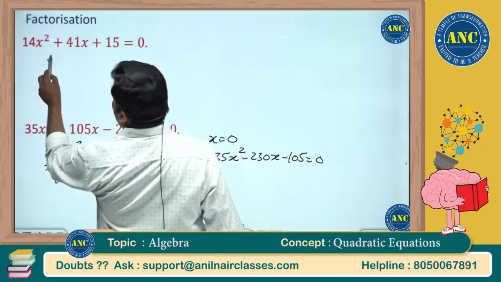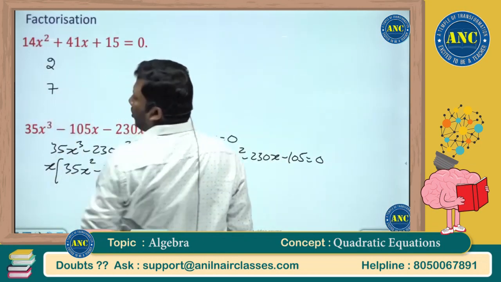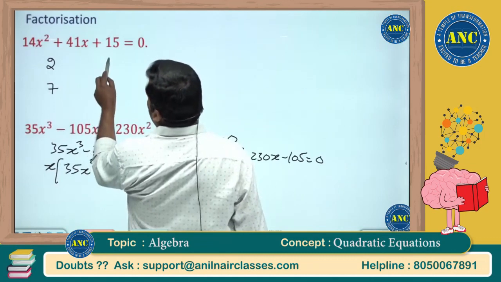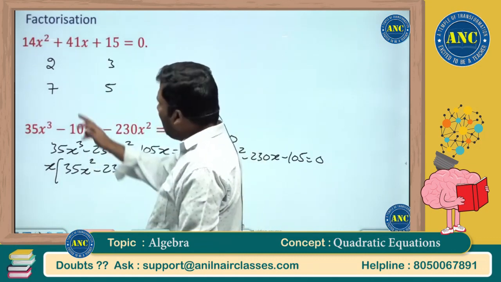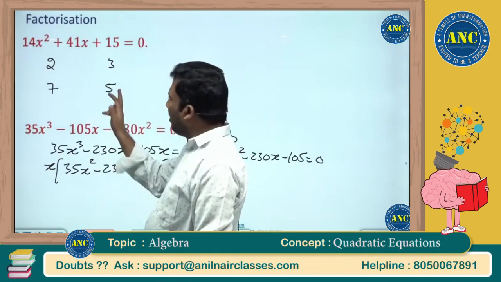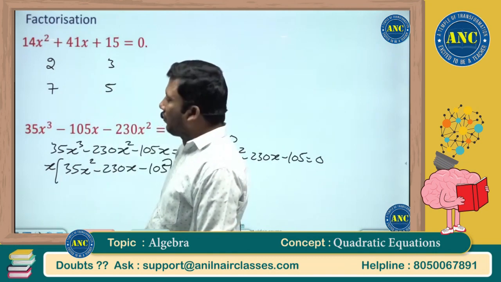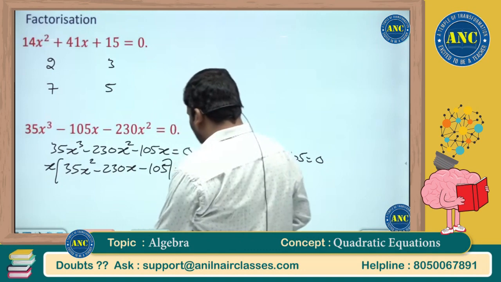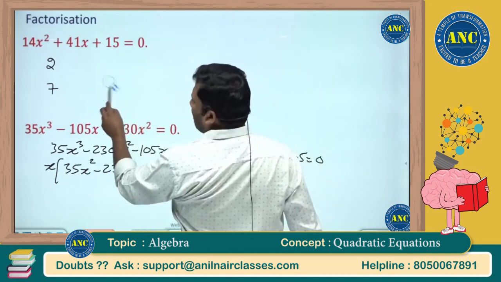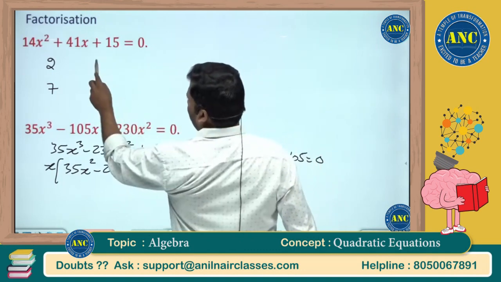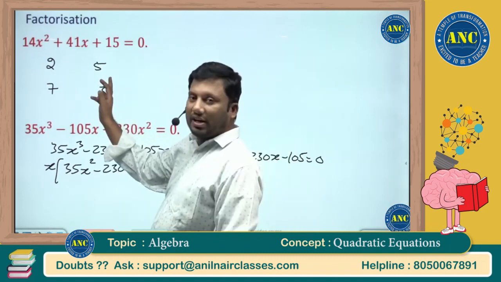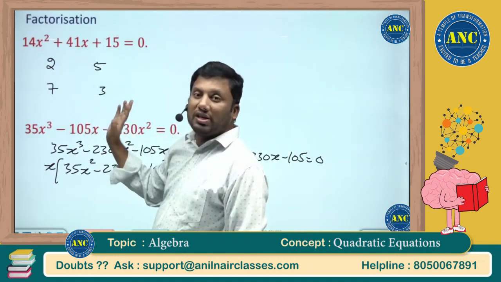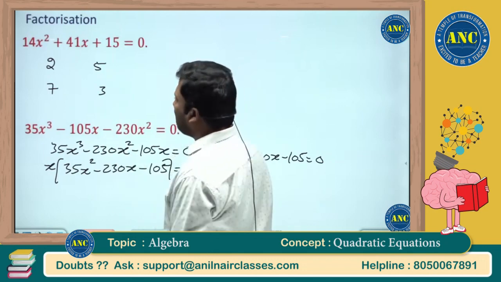14x square: the coefficient of x square, 2 7s are 14. 5 3s are 15. 7 3s are 21 and 5 2s are 10. 21 plus 10 is 31, so what I'll do is interchange these 3 and 5. 5 3s are 15, 7 5s are 35, 2 3s are 6. 35 plus 6 is 41.